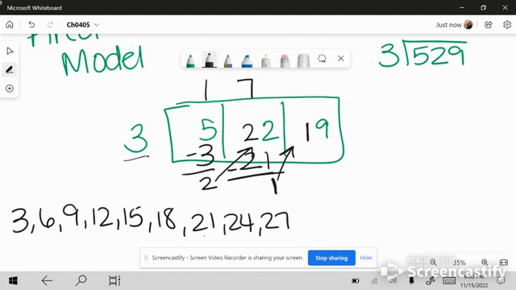Again, same step. We're going to find out how many times I can put 3 into 19, or what 19 divided by 3 is. I can look at my multiples. And the last multiple I have that is less than or equal to 19 is 18, which is the number that we will subtract. And that was 1, 2, 3, 4, 5, 6 times.